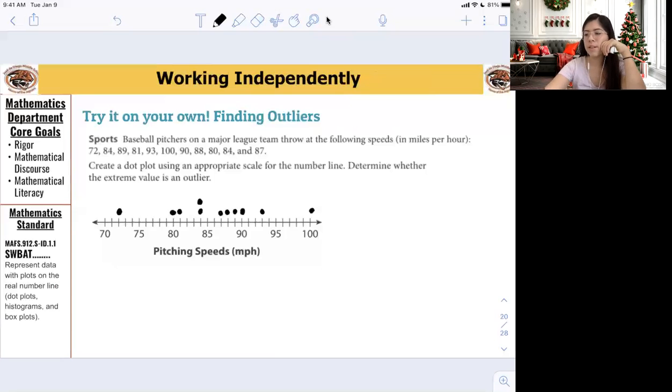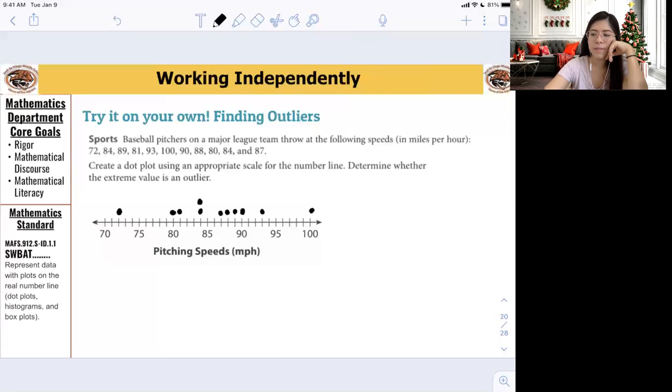How would you describe this one? Would you say that this looks very even or a little bit uneven?